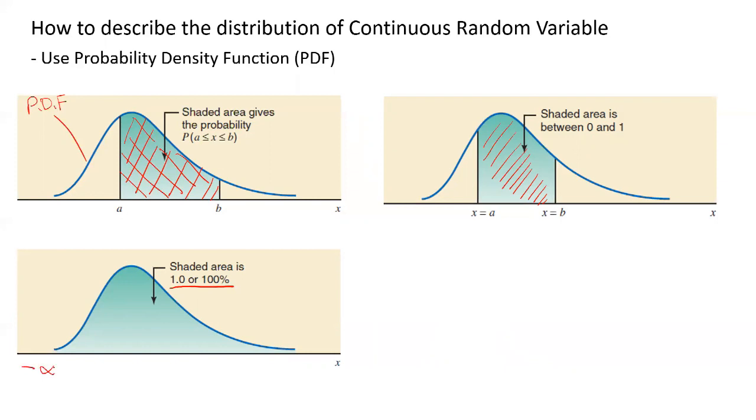Because it's the probability of x lying between negative infinity and positive infinity. So the whole shaded area here is 100%. Any questions?